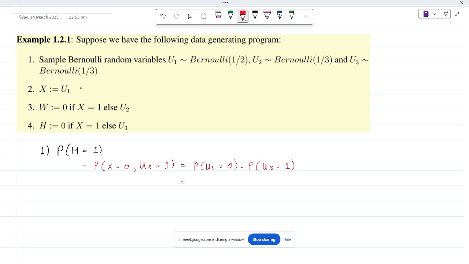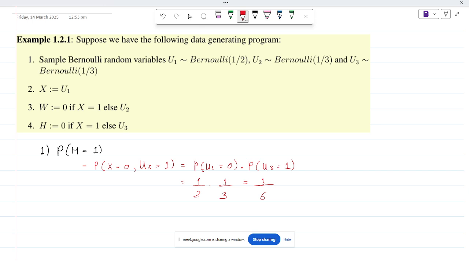Now, वन की आपने probability देखनी है for zero, and we know that there's a 50% chance it's one. So of course there's a 50% chance that it is zero as well. For U3, the chances of it being one are 1 by 3. And that is how you obtain 1 over 6.